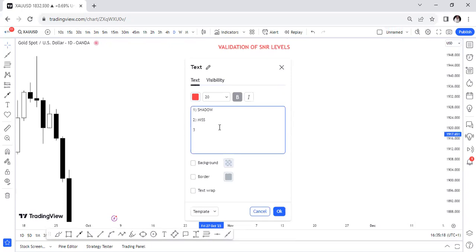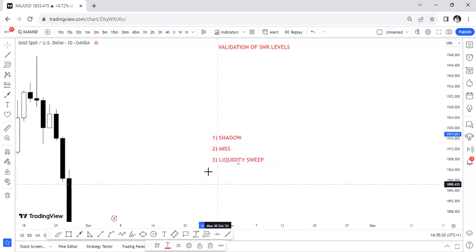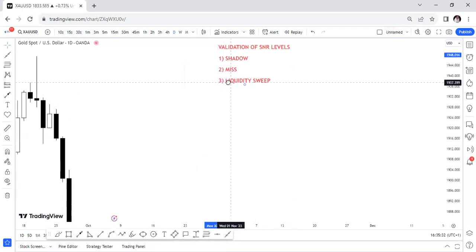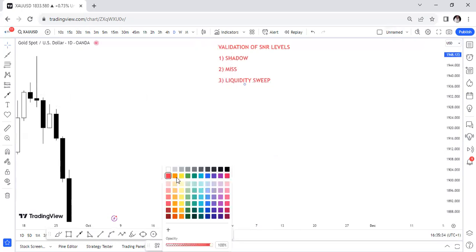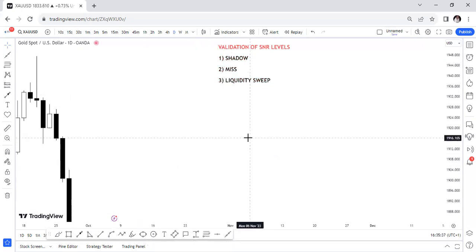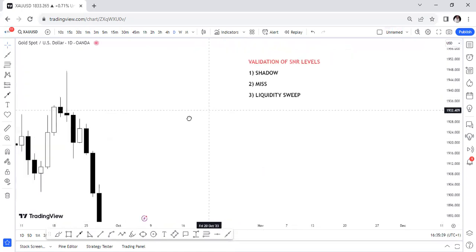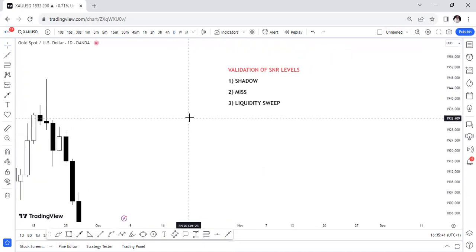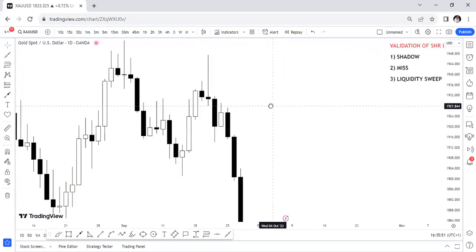Then third, we talk about liquidity sweep. So that's what validates your SNR. Somehow the second one might not be compulsory, because sometimes you have a single candle touch. So let's go to the first one.